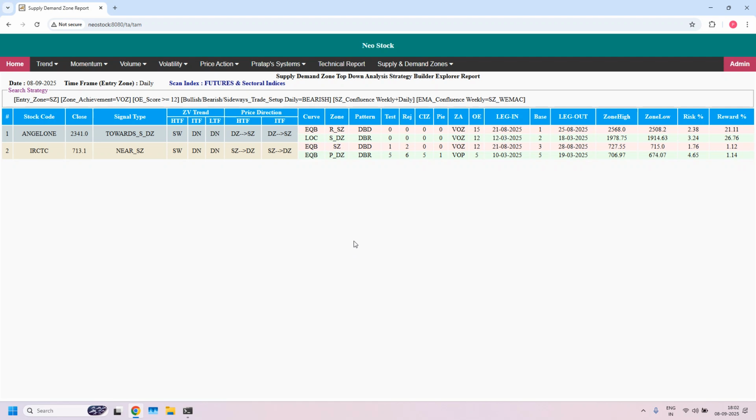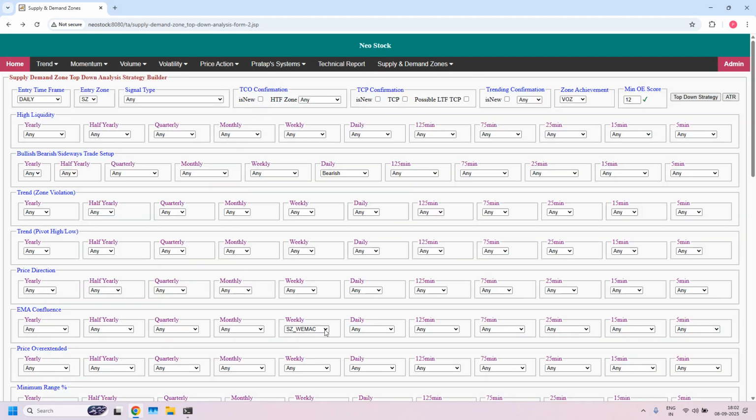Okay, next let us look into LTF, ITF and HTF supply zone confluence, and then HTF EMA. HTF EMA not valid because sideways trend. That we will see. Removing ITF EMA filter.